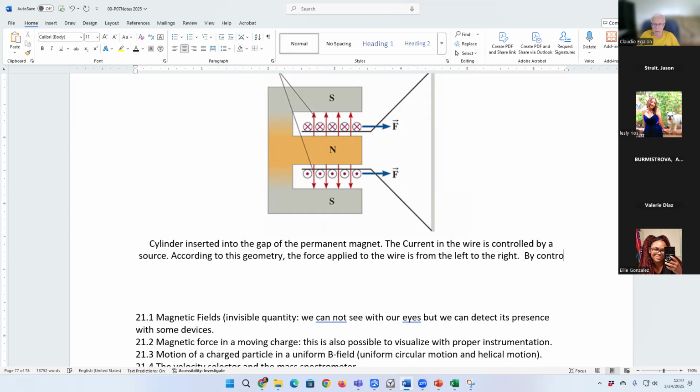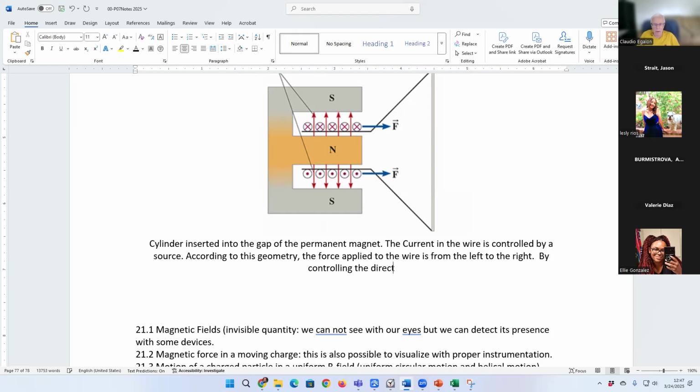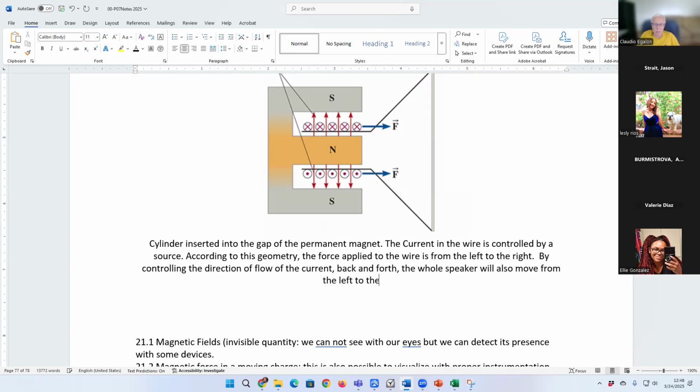By controlling the direction of flow of the current back and forth, the whole speaker will also move back and forth, from the left to the right, okay?